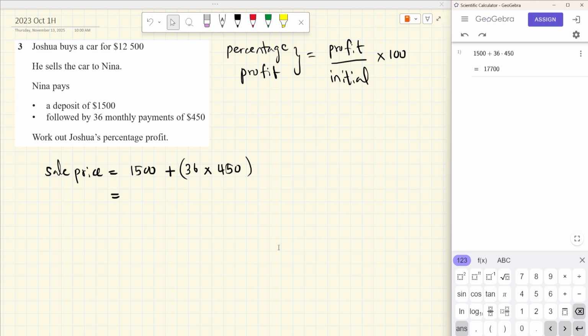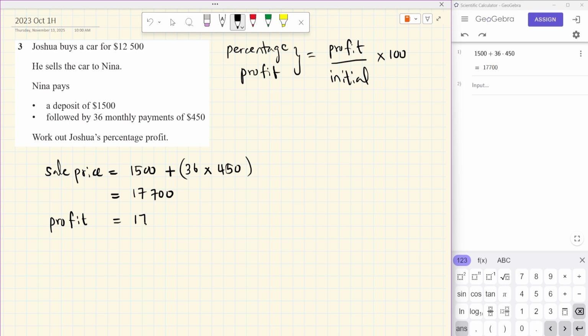That is 17,700. Then the profit is 17,700 minus 12,500. That is 5,200.